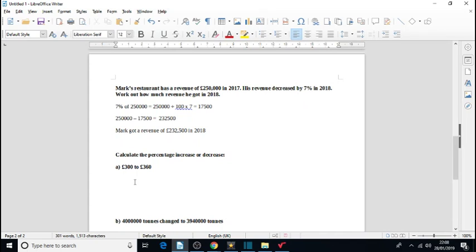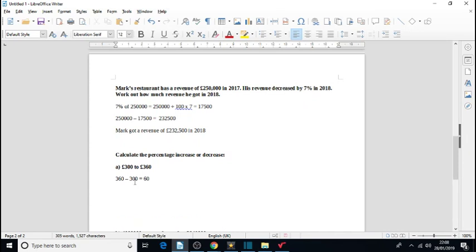So first, you're going to do 360 minus 300 because it has increased from 300 to 360. So to work out its increase, you subtract the original price from the new price. So 360 minus 300 is 60.